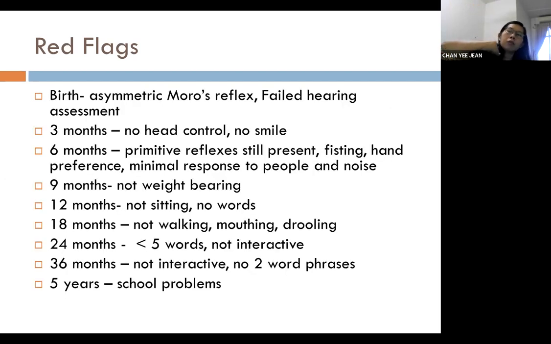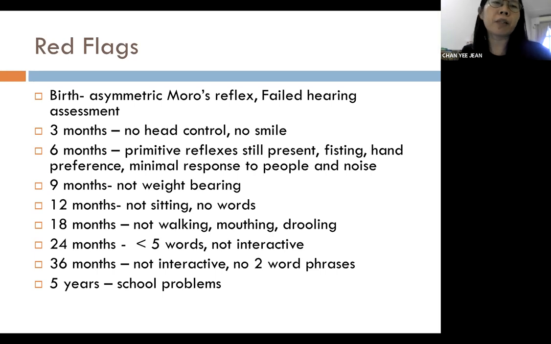So if at birth the Moro reflex is asymmetric, that means only one side, that's a red flag. If they fail their hearing assessment, that's also a red flag. At 3 months, if the child has no head control and no smile, these are red flags. If this happens at this age, then you need to evaluate the baby. At 6 months, if there are still primitive reflexes, that's distinct.